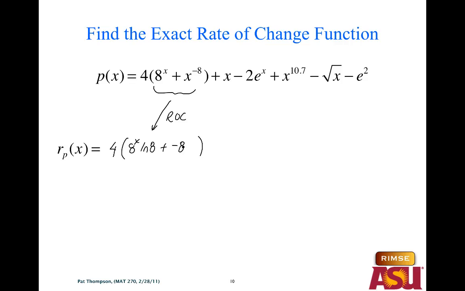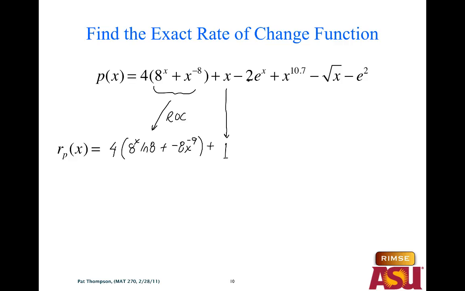Negative 8 x to the minus 9, plus the rate of change of x. Rate of change of x is 1. So you could think of it as x to the 1, or you could just think of the function x as having a constant rate of change of 1.